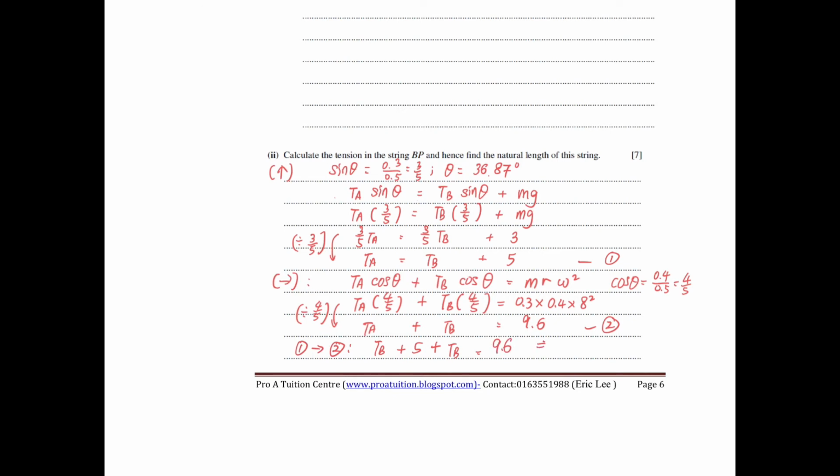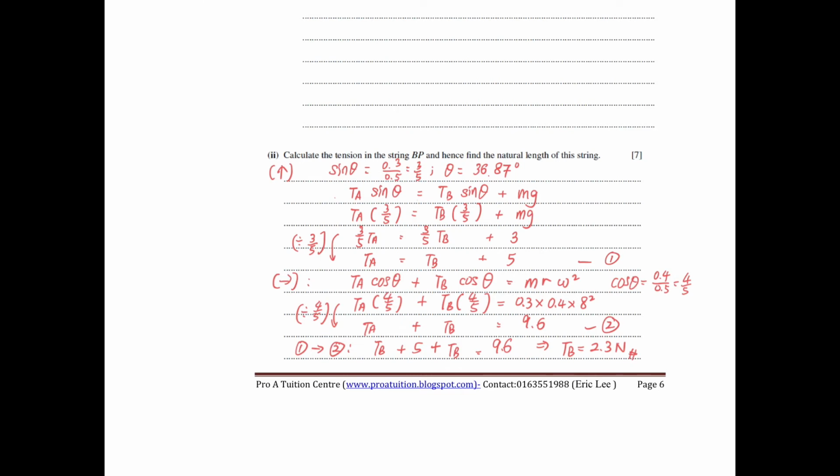Then I will get my TB: TB equal to 2.3 Newton. That is the first part of the answer, which is the tension in the string BP. So we get it already.